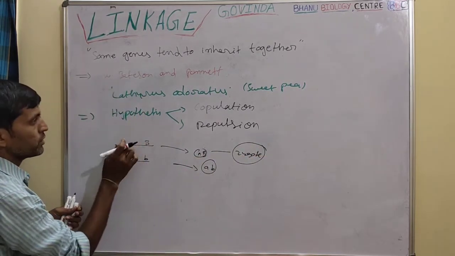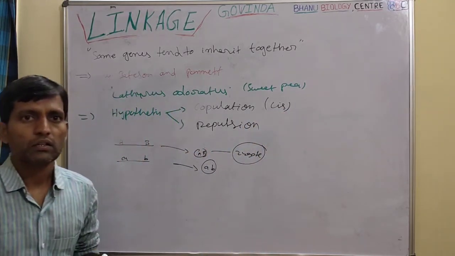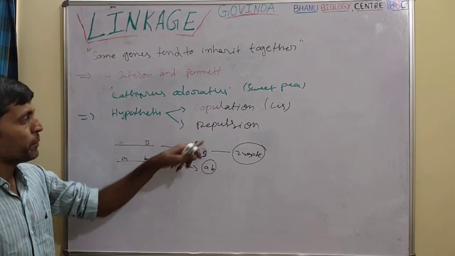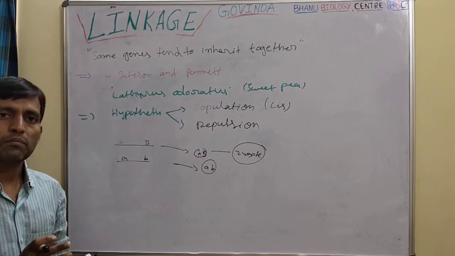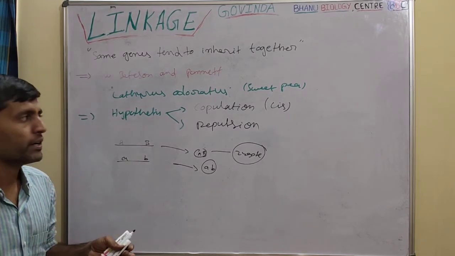This kind of arrangement is also called cis. Coupling is also called cis. Next, repulsion. The dominant genes or recessive genes come from different parents, tend to separate and enter different gametes.